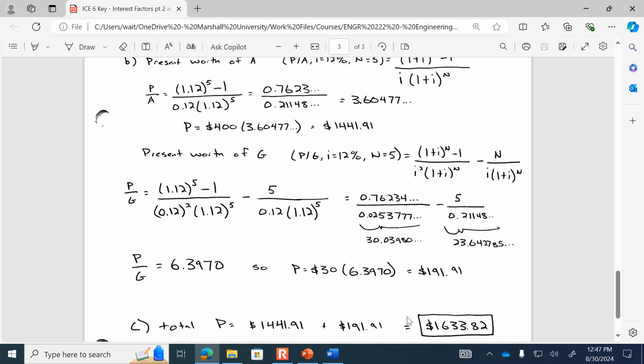My annual series has 1, 2, 3, 4, 5, 6, 7, 8 years. And so if I find P given A, okay, so in step A, what we're doing is find P given A.